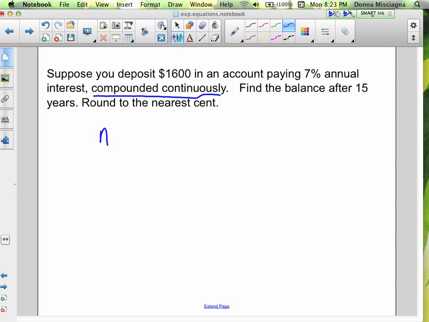And you have this one in your notes, and you have the formula A equals P e to the rt. A is the amount that we're going to have, our accumulated amount. P is our principal or balance that we have right now, and that is $1,600.